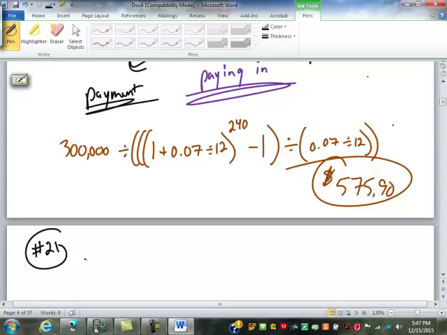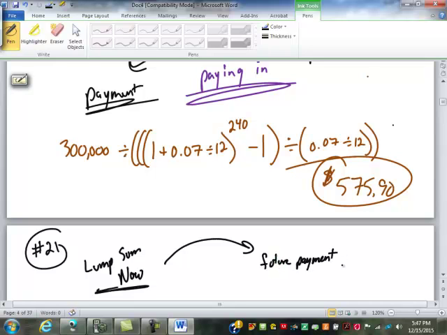They have it now. What they are looking for is how much will she be able to draw out each month. So they want to know what that future monthly payment will be, that regular monthly draw they can pull out. So this is now drawing out.